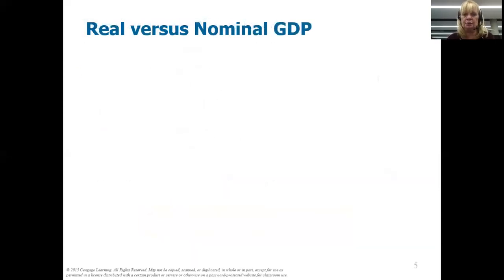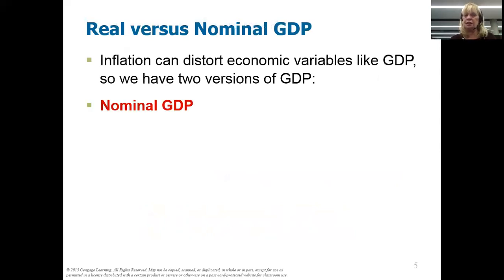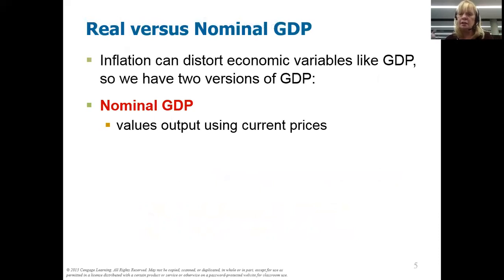And so that's why we've created real GDP versus nominal GDP, two categories here. The first, nominal GDP, is just the value of output using current prices. It's current market price times current quantity. That's it. It is not adjusted for inflation.